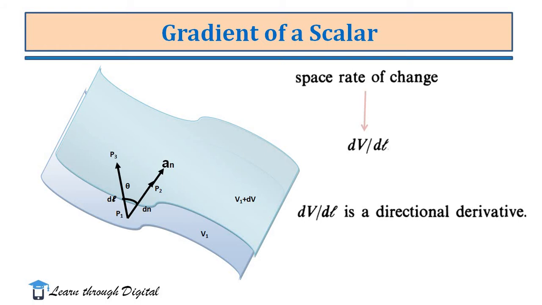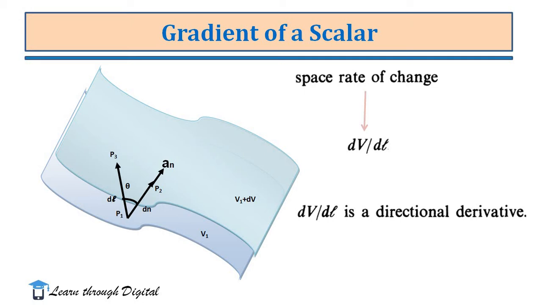Observe this figure. The point P1 is on the surface V1. P2 is the corresponding point on surface V1 plus dV along the normal vector dn. And the point P3 is on the surface V1 plus dV, close to point P2, along another vector dl, with the condition dl not equal to dn.